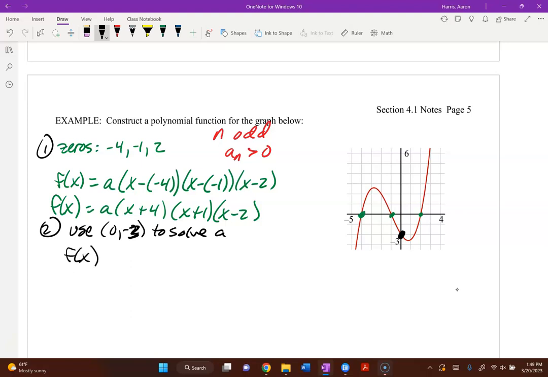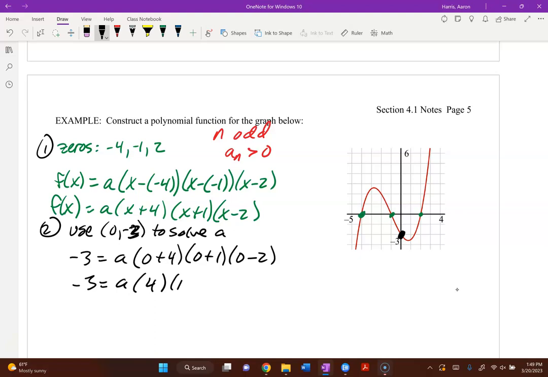So f of x equals, f of x is our y. So -3 is our y. A we don't know, but we're throwing the x in, which is 0. So -3 equals a.